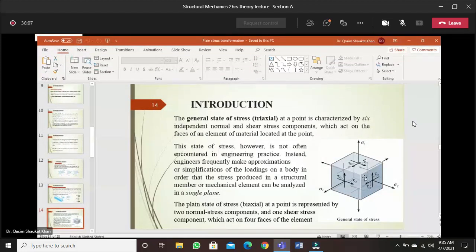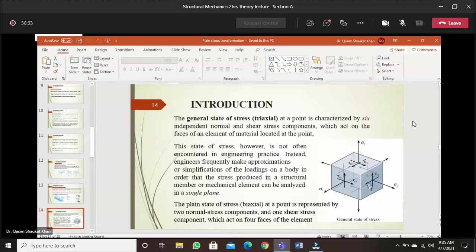Now comes this face. On this face, you have two shear stresses. This is now the y plane. The plane is y, and the direction of this stress is in the x-axis. So this will be tau yx.